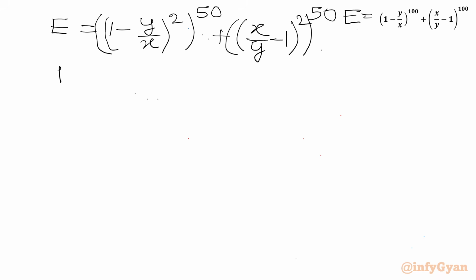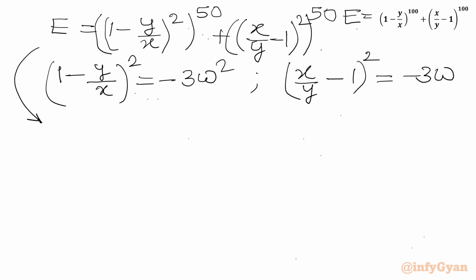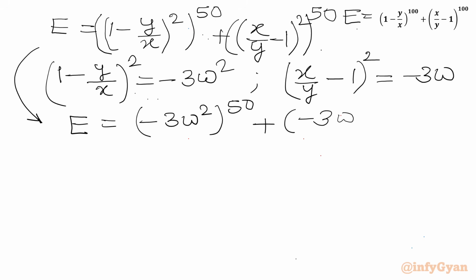As we know, (1 minus y over x) whole square is minus 3 omega square, and (x over y minus 1) whole square is minus 3 omega. So our expression will be (minus 3 omega square) whole power 50 plus (minus 3 omega) whole power 50.